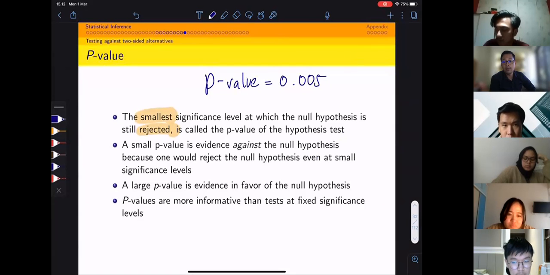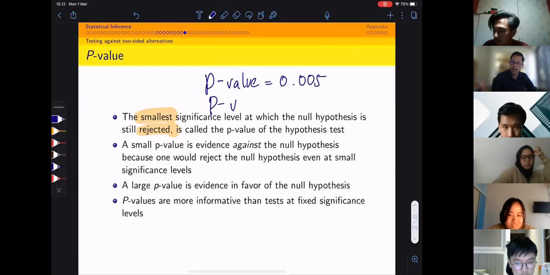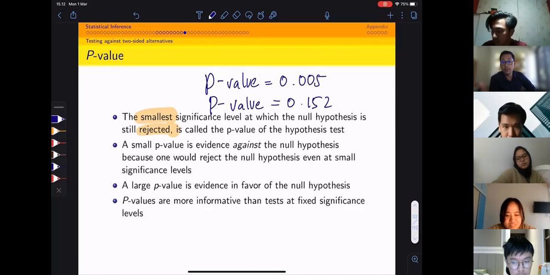Since it's very low, you reject the null hypothesis. However, if you have a relatively large p-value, say 0.152, this is the smallest significance level at which you reject the null hypothesis, but it's very large. It means that you're going to be prone to the type 1 error.